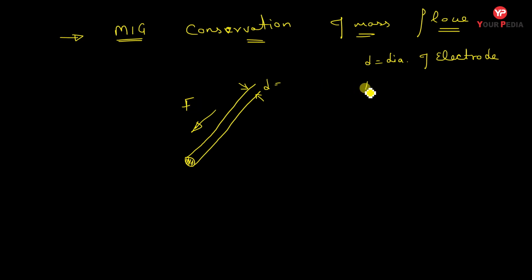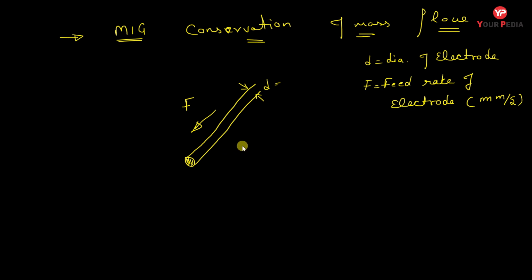And this electrode is coming toward the workpiece with a speed, or we can say feed rate f. So f equals the feed rate of electrode, that is in mm per second. This much mm of electrode is melted per second.